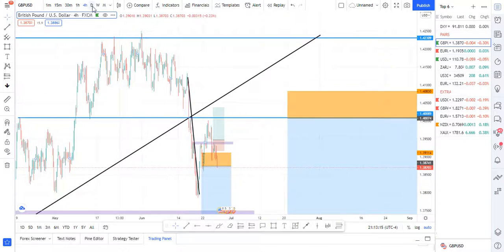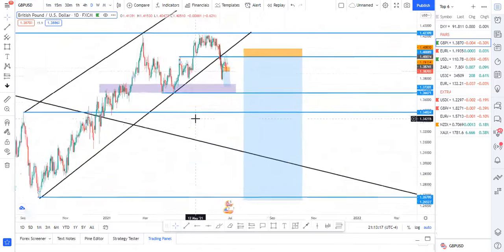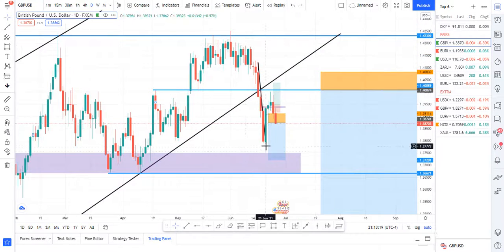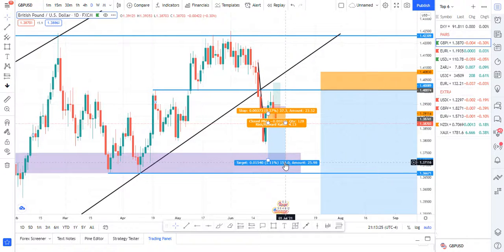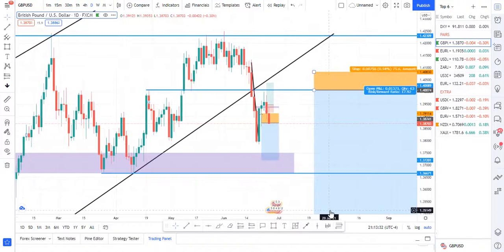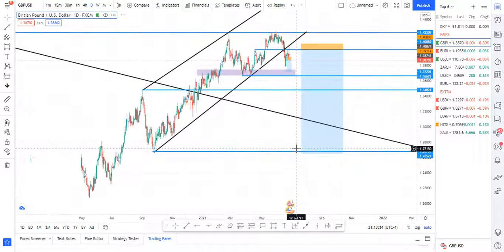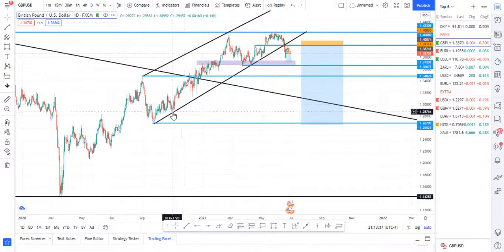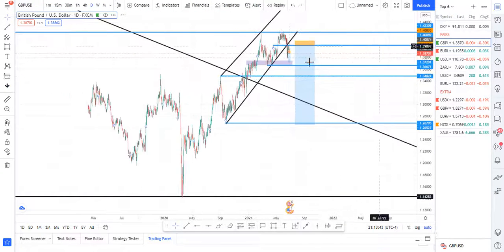If we go to the higher time frame, it's a correction. It made its higher low, then now it's going to make its lower high, then its lower low, then another lower high, then a lower low. Hopefully it will cover this whole structure, probably until around here.